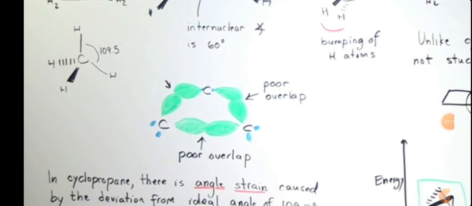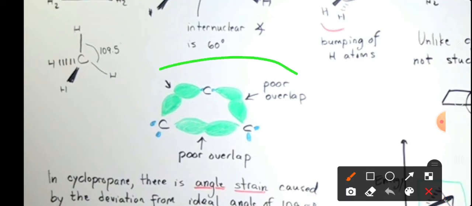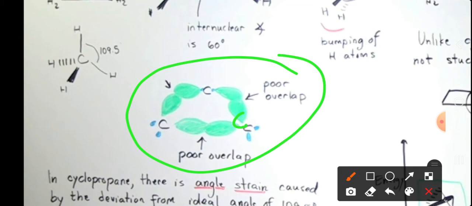In a cyclopropane molecule, any bond is formed by overlapping. Okay, overlapping means mixing of atomic orbitals. So in cyclopropane, there is overlapping between carbon and carbon, but there is a poor overlapping between these two atoms. That's why this bond is quite unstable and of higher energy.